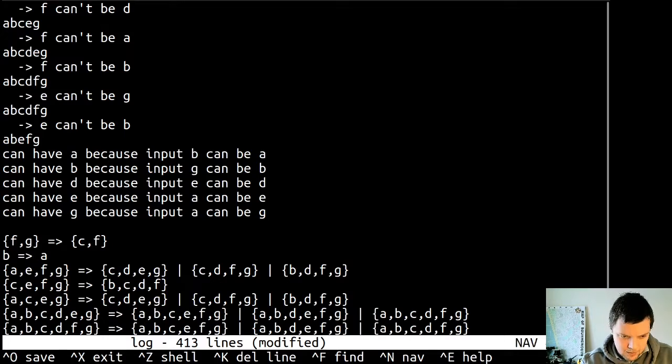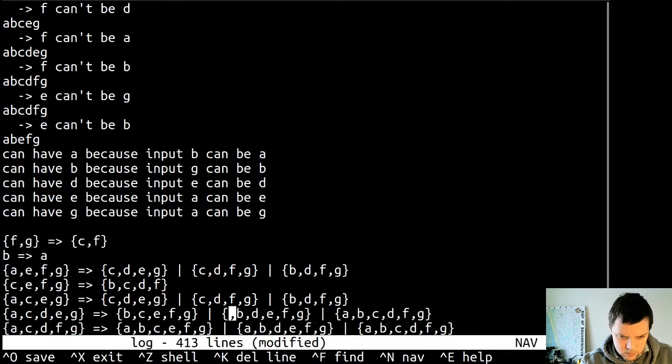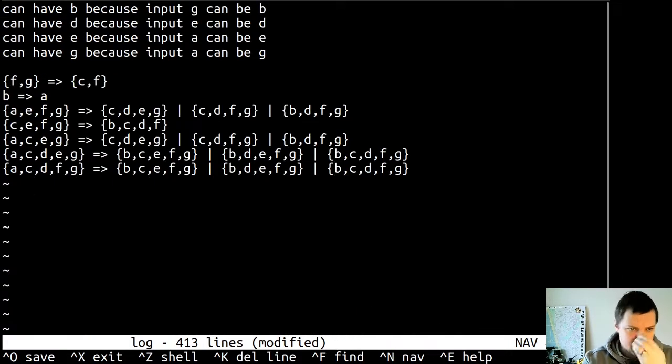And we know that B maps to A. Now, how do we solve that?